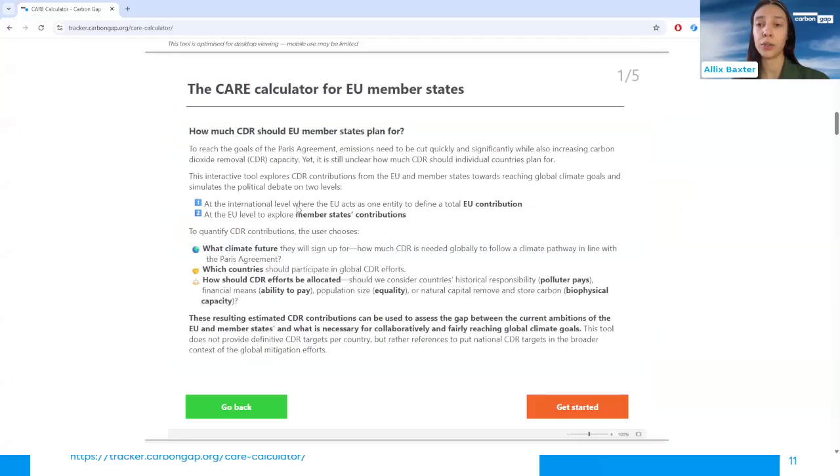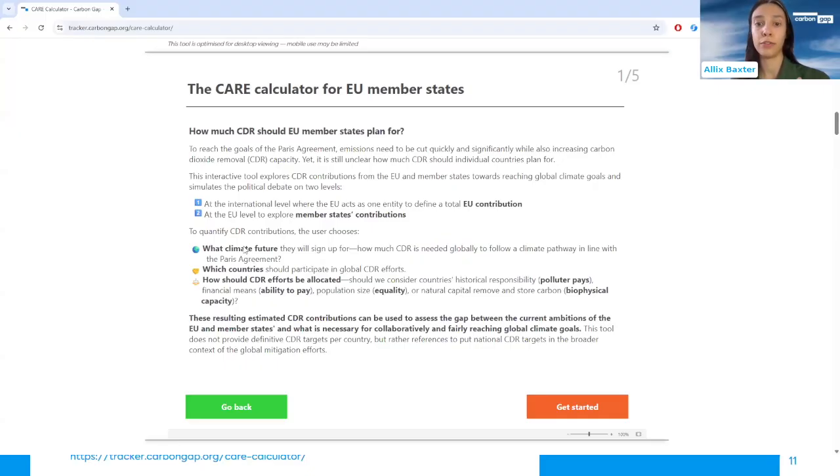This is where the EU is acting as a single entity on the global stage, and we're defining what their total EU contribution should be. And then secondly, at the EU level, where there are internal discussions to explore how much each member state should contribute.